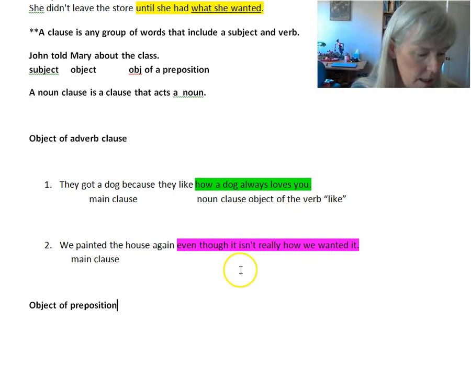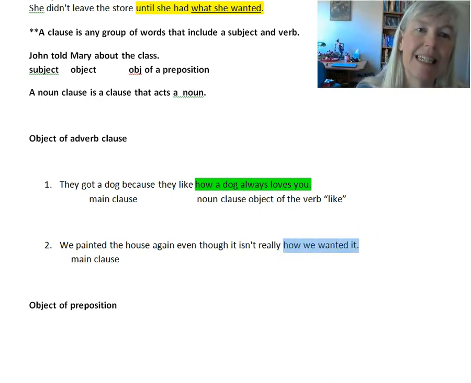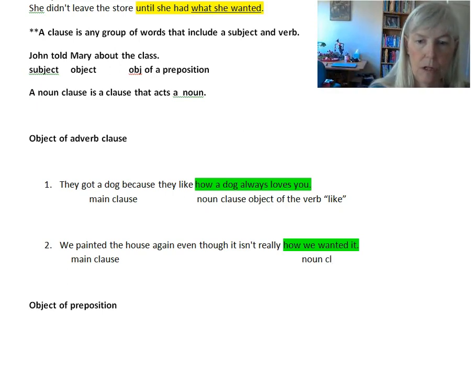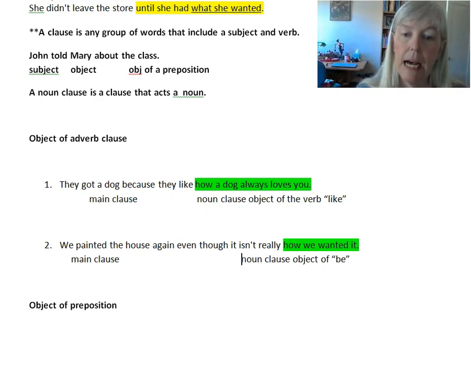That whole thing is an adverb clause, even though it isn't what? It isn't how we wanted it. How we wanted it is a noun clause object of be. It isn't what? It isn't how we wanted it. That is a noun clause. It's a clause because it has a subject and verb in it. It's a noun because it is an object of a verb.